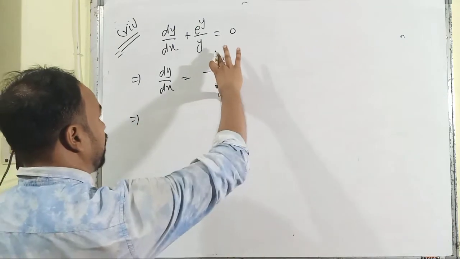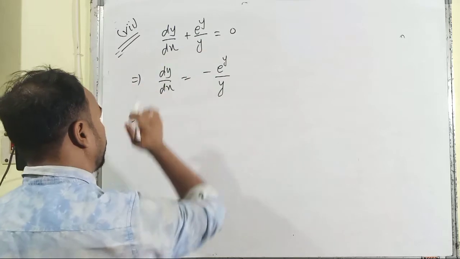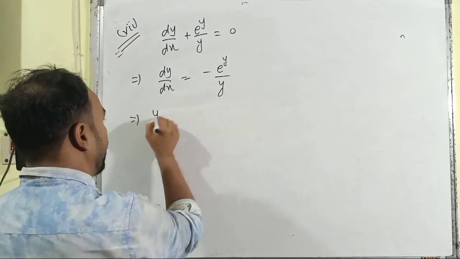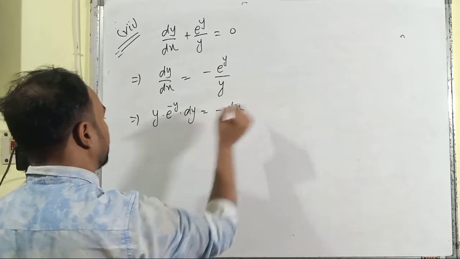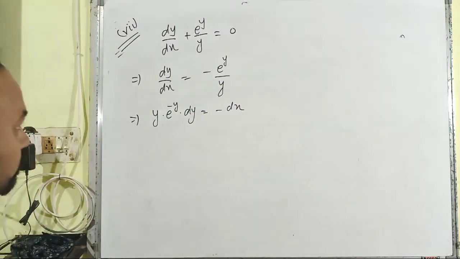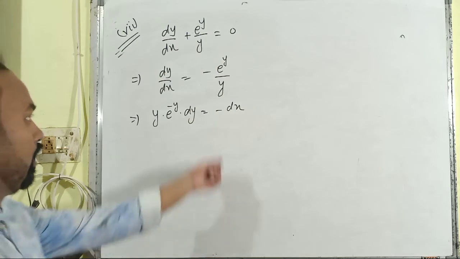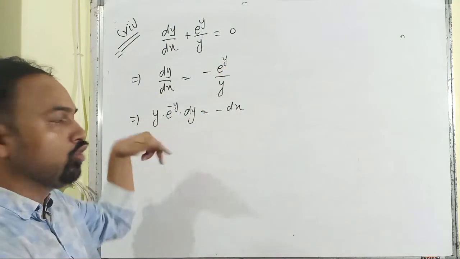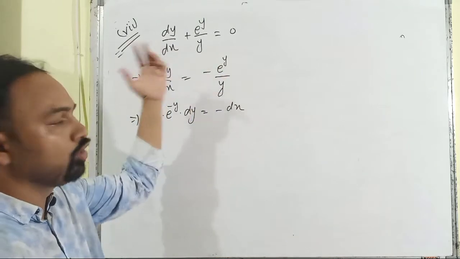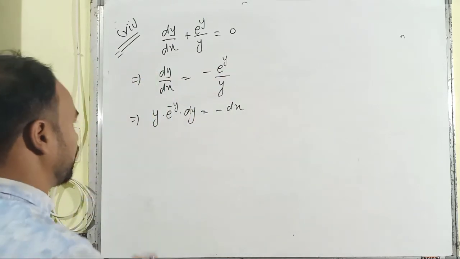Then by shifting these terms here, we can have y e to the power minus y dy is equal to minus dx. Okay, I have multiplied here y, and then e to the power y will be shifted towards the denominator, so e to the power y will be e to the power minus y.